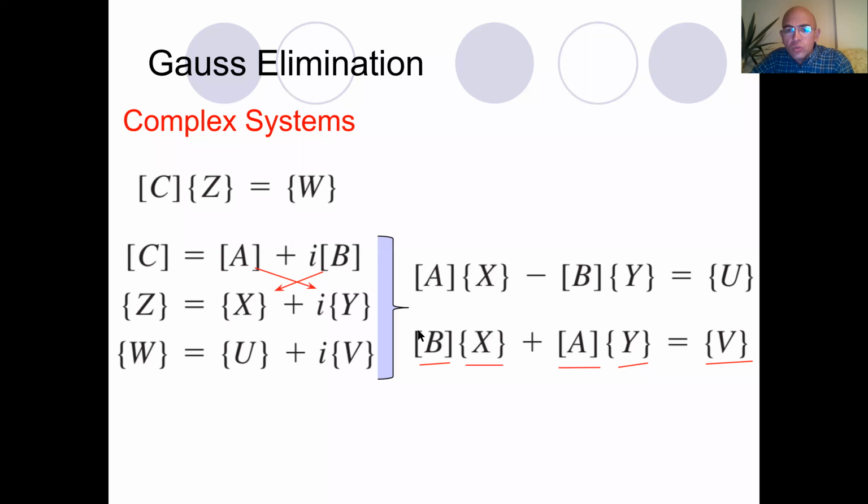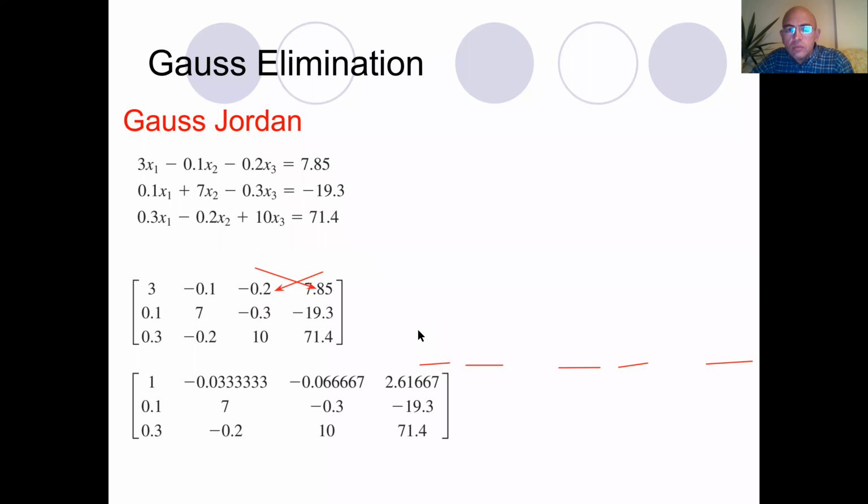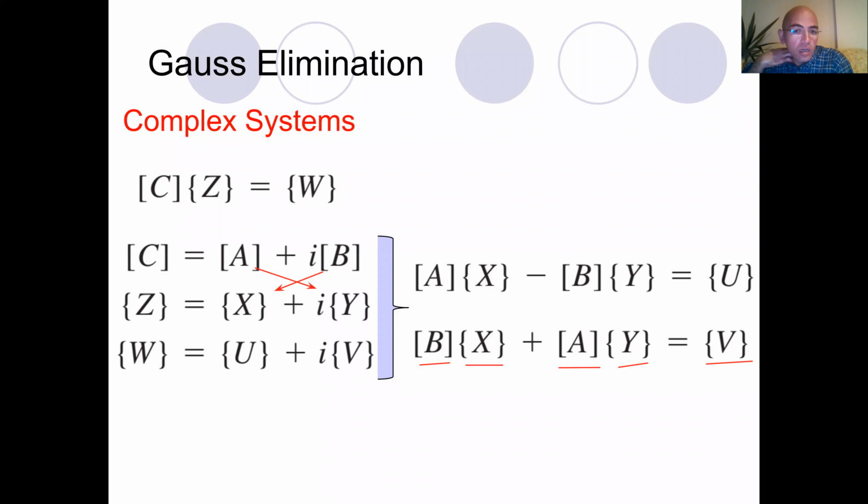I can use basically two different approaches here. I can form a global matrix with new large matrices.